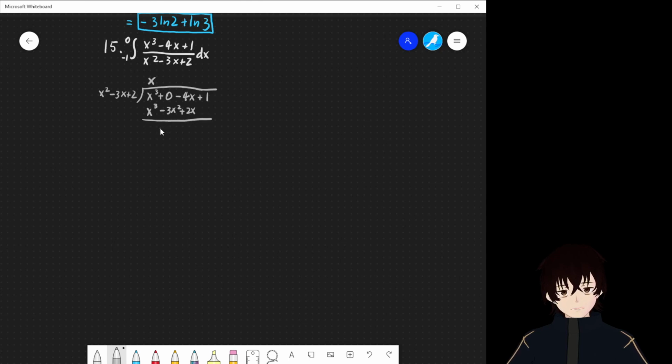Subtract, we get 3x squared minus 6x plus 1. Then naturally we have a 3 here, x plus 3, which would give us 3x squared minus 9x plus 6. Subtract, we get 3x minus 5.